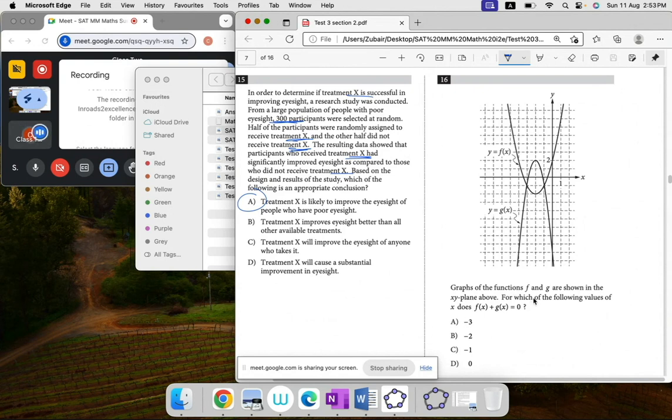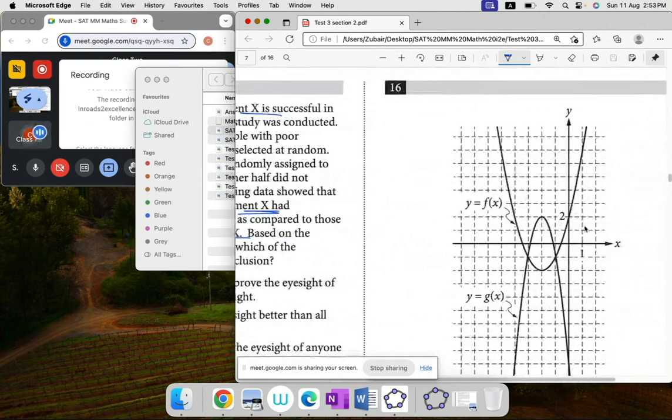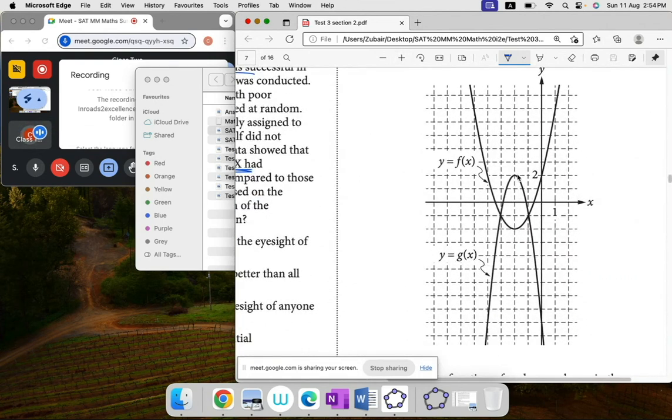Graphs of the functions f and g are shown in the xy plane above. For which of the following values of x does f of x plus g of x equal 0? For which values of x? So I'll just zoom in and we can see this point. Whatever this is on the positive side, it is the same on the negative side.